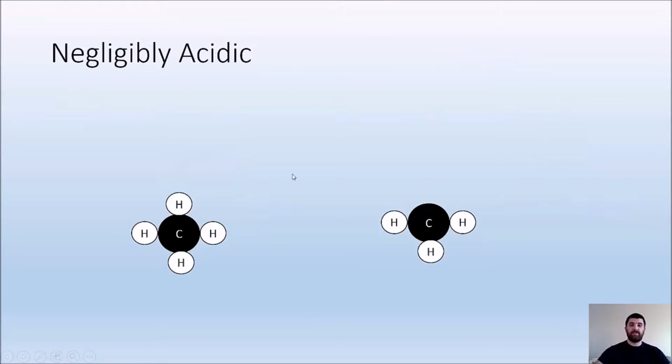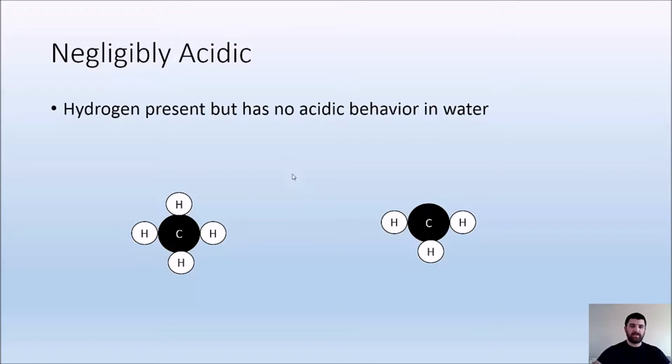All right, then we have negligibly acidic things. Basically, hydrogen is present but has no acidic behavior in water. So an example would be CH4. It has protons, but it doesn't break up. So this would be negligibly acidic.